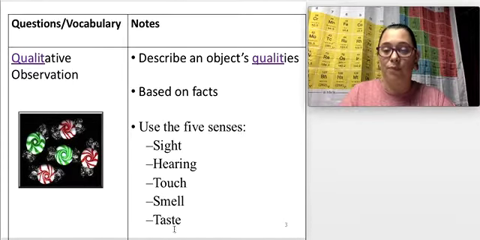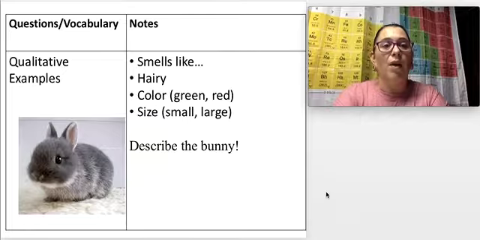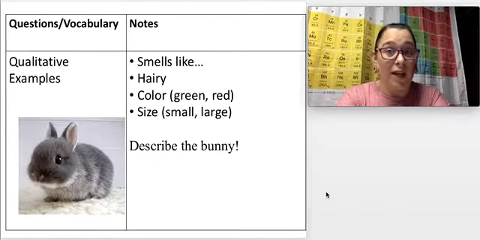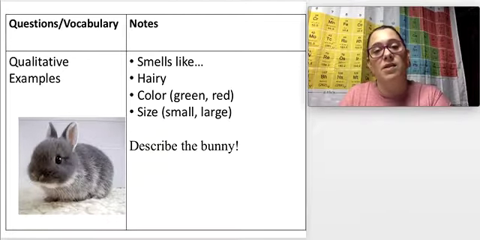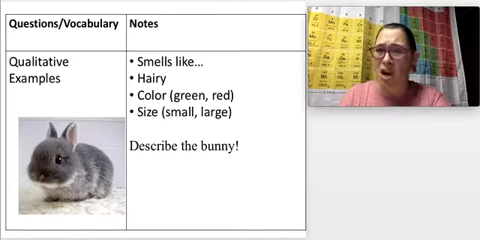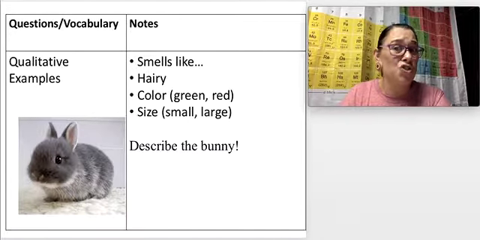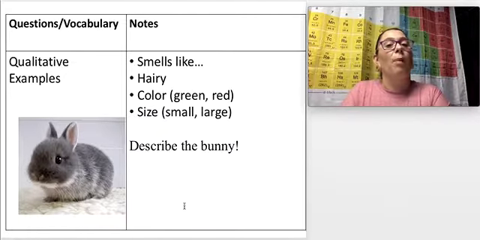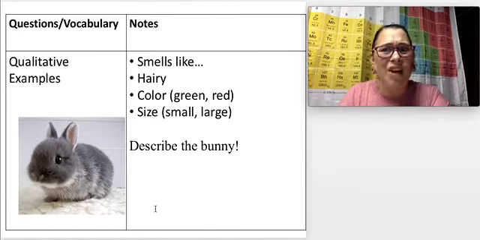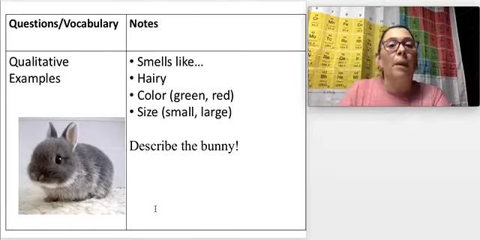Okay, pretty simple. So if we look at this adorable bunny, and I just can't, this picture just kills me every time. Things like what it smells like, maybe it smells terrible, or it smells like fur. Hairy, if something is hairy or fuzzy or furry.